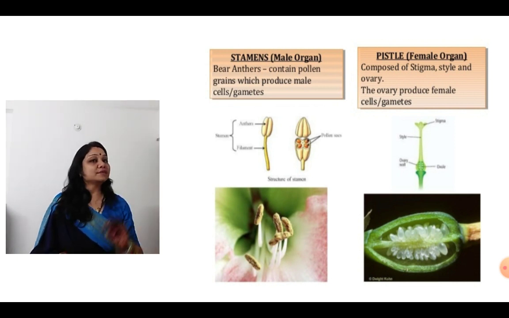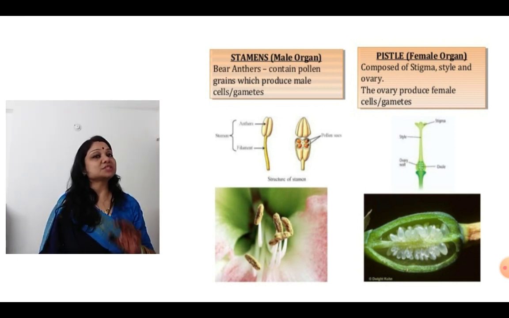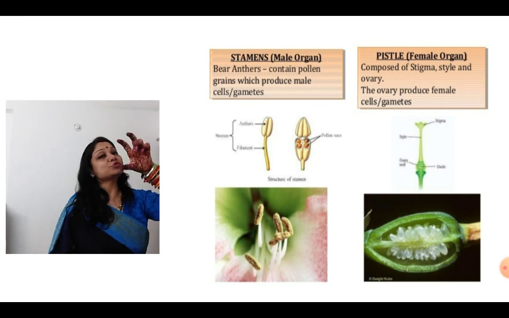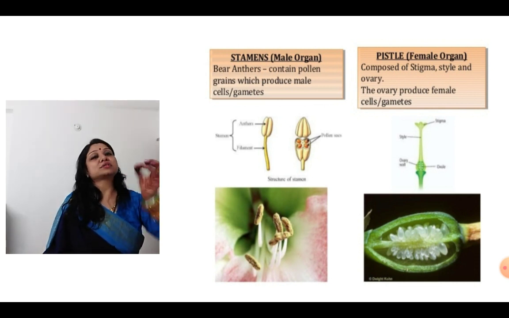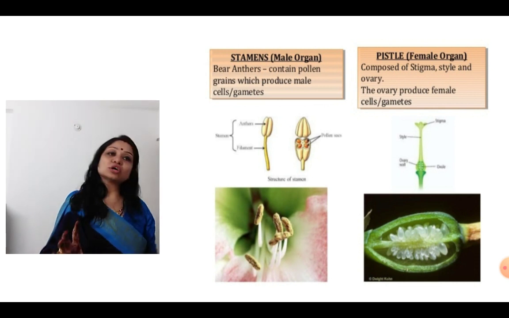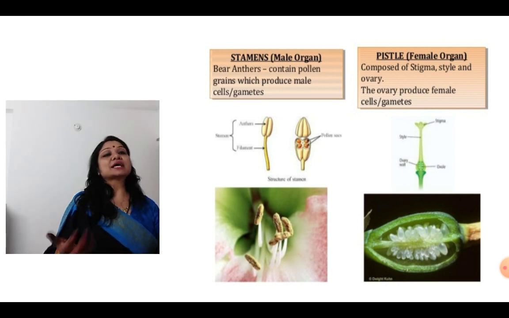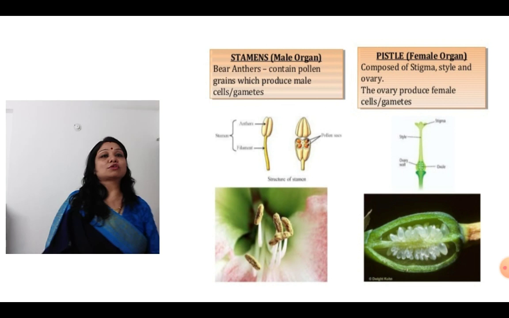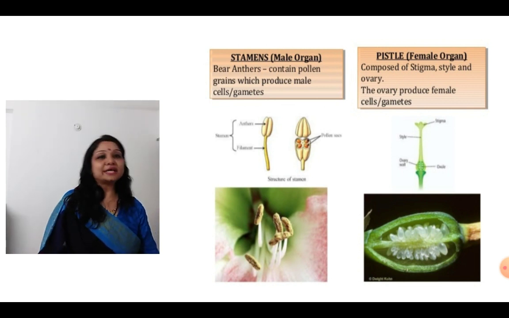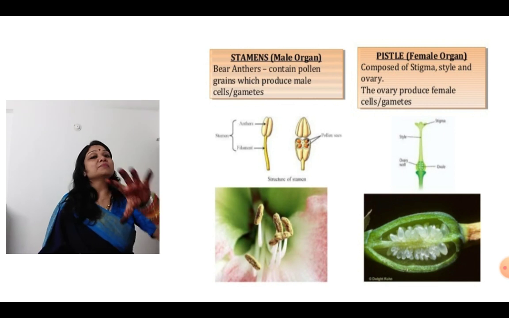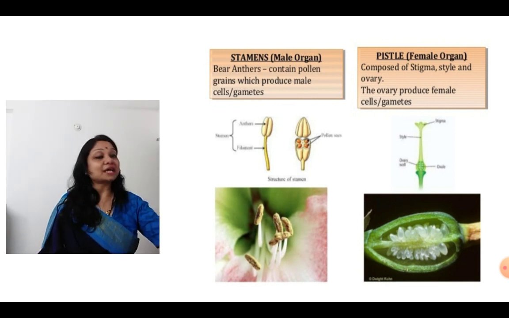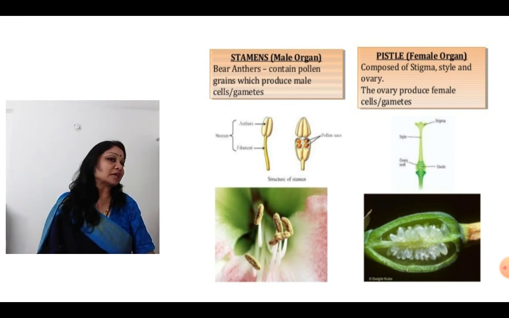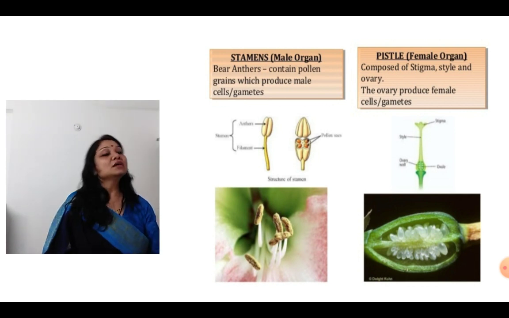In the same way in the male part, the stamen, the anther is the topmost head, and then the tube-like structure is the filament. Got it? You can also see on the screen the real images of stamen and pistil. So I have shown you both the magnified drawing as well as the real picture of the flower showing the stamen and pistil.